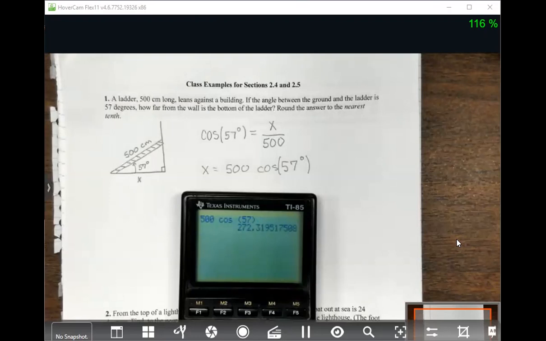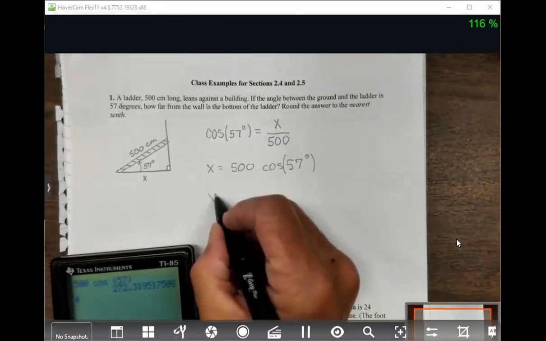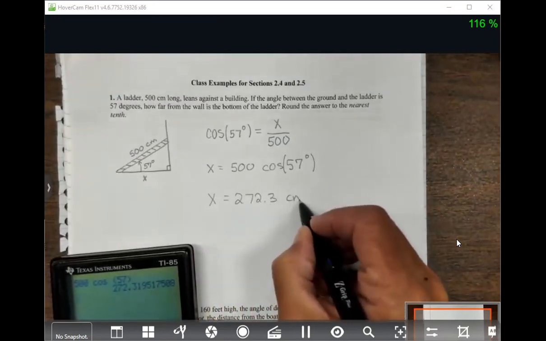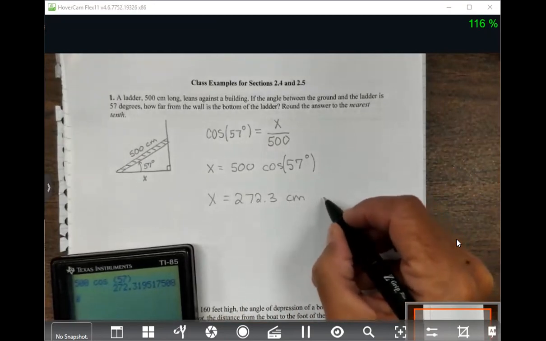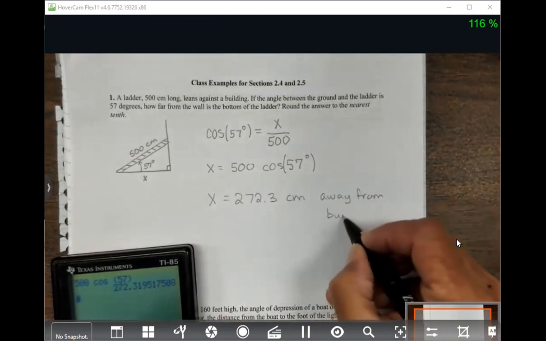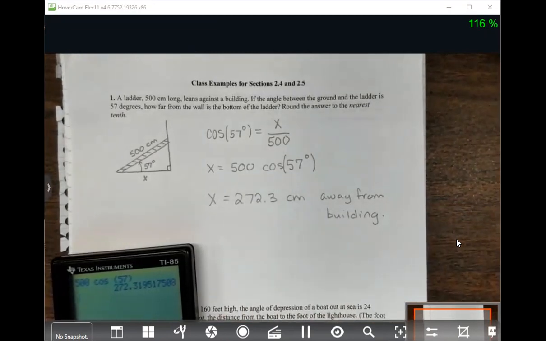X is 272.3 centimeters away from the base of the building. Easy enough?